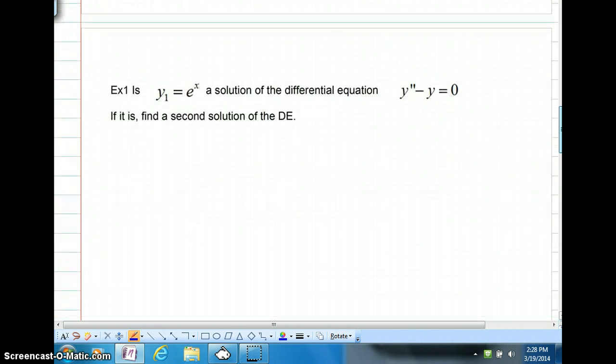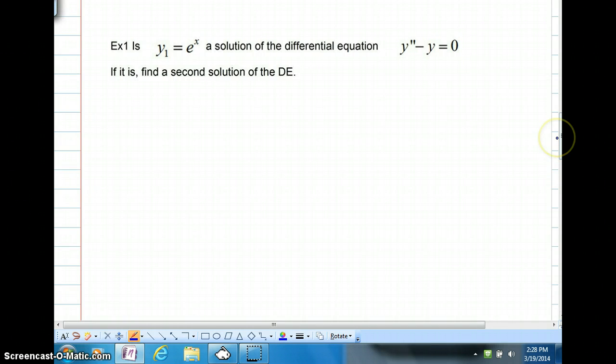Let's quickly take a look at what this whole process entails. Again, everything today is homogeneous. Everything we're going to be talking about, the right-hand side of that equation is 0. And what I'd like to point out is they will always give you one solution at this point, at least. They'll say, let's just say you know that e to the x works. It makes that differential equation true.